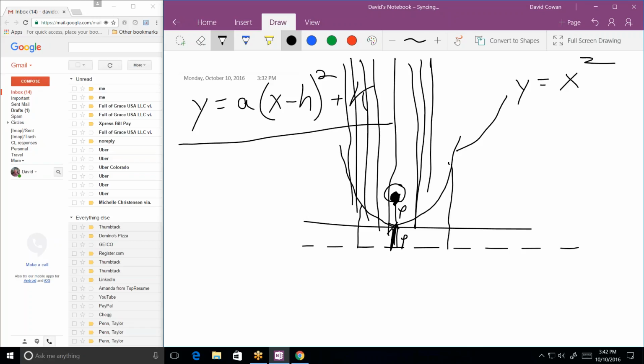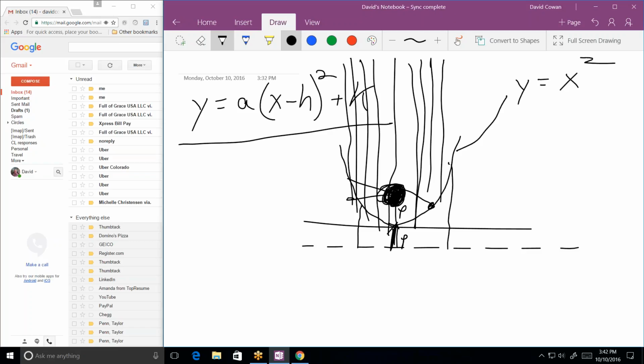So basically, they're coming in on a parallel path to that vertical line, and no matter where they hit, they get bounced to the focus. So if you put a little receiver where your focus is supposed to be, you capture all of the rays that come in from outer space from stars and star systems and stuff.